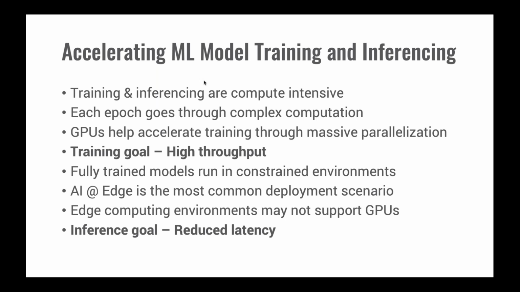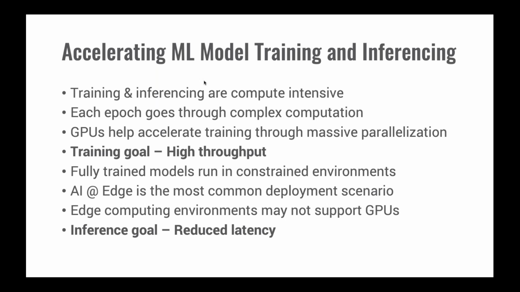So while the training can happen with a GPU-based cluster in the cloud, the model is going to be deployed in a very constrained environment running as a part of the CCTV, a closed circuit surveillance camera network. So there we need to basically detect an object in a split second and then perform that at a very higher speed with reduced latency. And that is the important goal of inferencing.